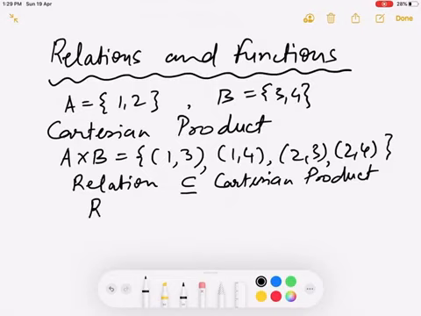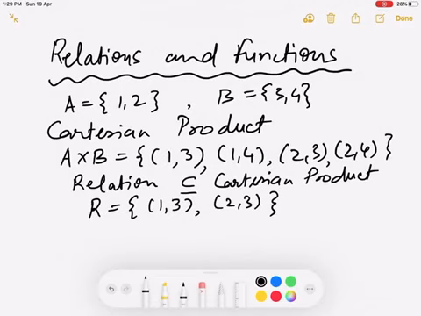Now if we write a set R which contains any number of terms from A cross B, for example 1, 3 and 2, 3, then this set R containing the two ordered pairs 1, 3 and 2, 3 is a subset of A cross B and therefore it is a relation from A to B.